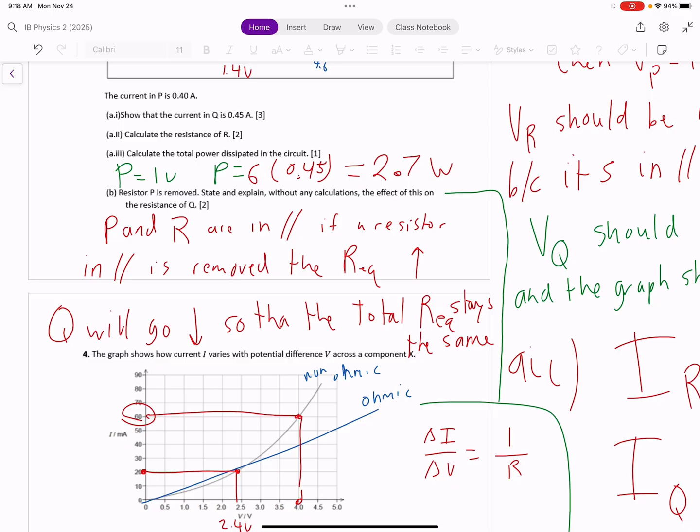But the question is saying what happens to Q. If the resistance goes up, but everything else has to stay the same, then Q has to go down so that the total resistance stays the same. This is kind of an assumption on our part, that they want us to talk about the resistance of Q being able to change.